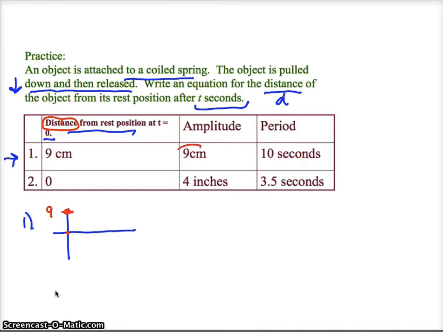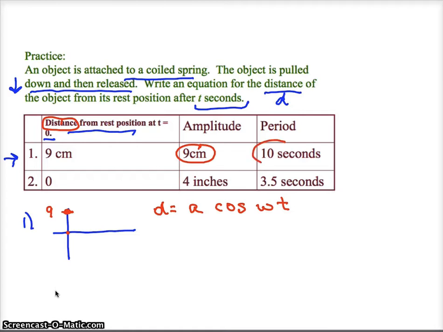Notice that our amplitude is also 9 centimeters. So we know that the function is starting at the maximum positive displacement. Because it's starting at the maximum positive displacement, I know that my equation is going to be a cosine function.